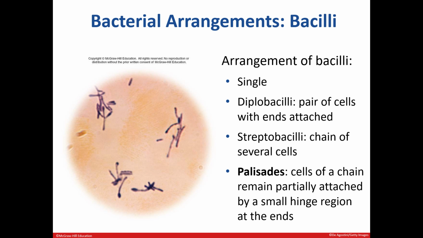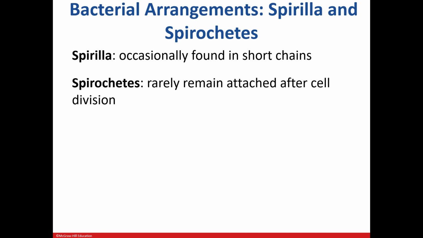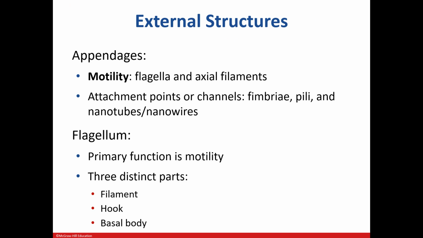Bacilli can be arranged similarly to cocci, but instead of a staph arrangement, they have a palisade arrangement. This is an irregular grouping of them. We typically find spirilla in chains, and spirochetes generally are found as individual cells.